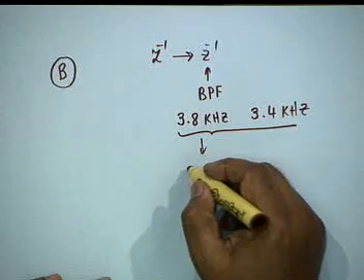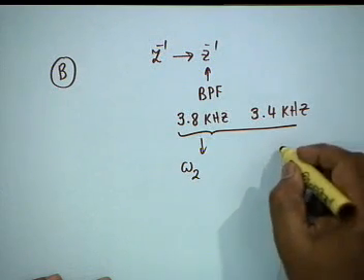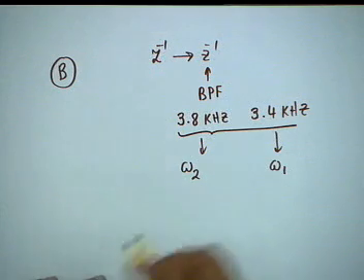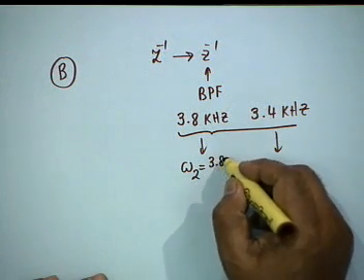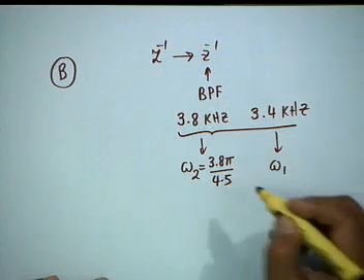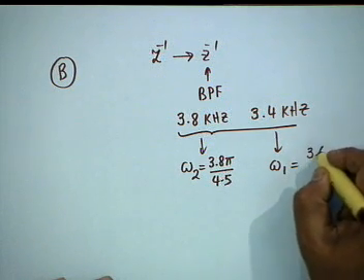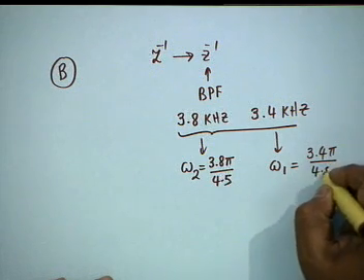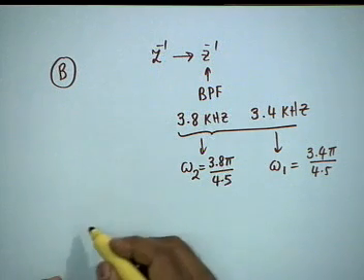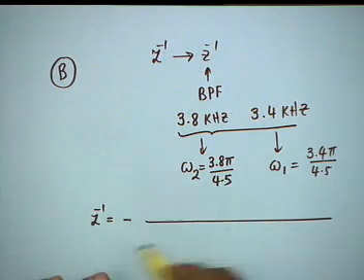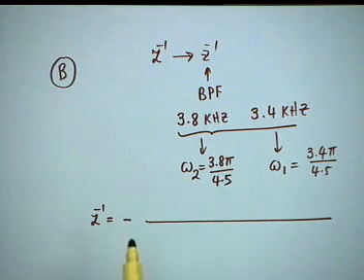Okay. So, the first thing we do is we find out omega 2 and omega 1. We had agreed that we will not write small p. Omega 2 would be 3.8 pi divided by 4.5, let us keep it like this, and omega 1 would be 3.4 pi divided by 4.5. And then our transformation is capital Z inverse equal to minus, it is important to remember the signs, the negative sign occurs in high pass and also band pass.